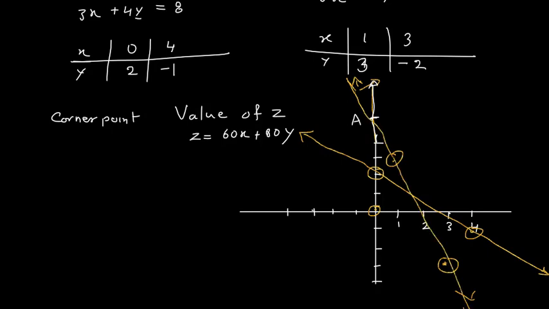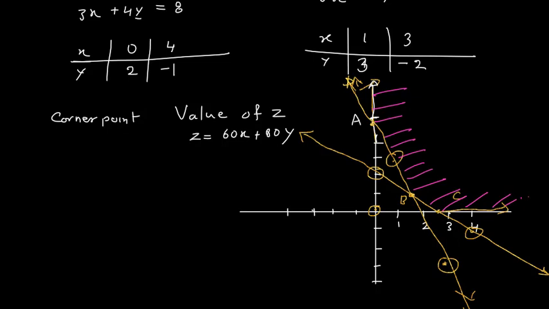This is point A, let us take this point as B, and this point as C. Let me shade this part. This part is the feasible region. Now this feasible region is unbounded.